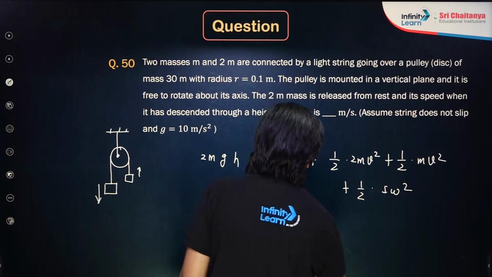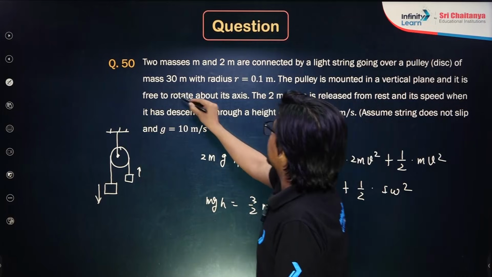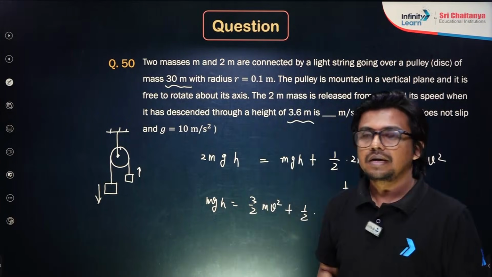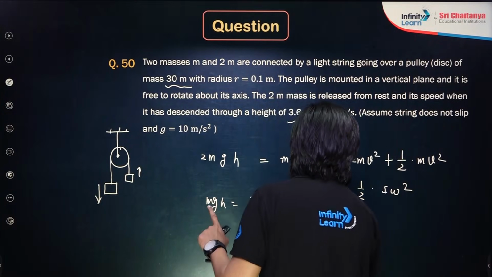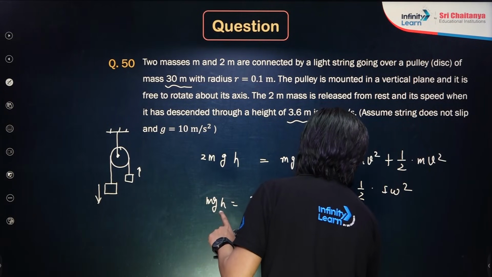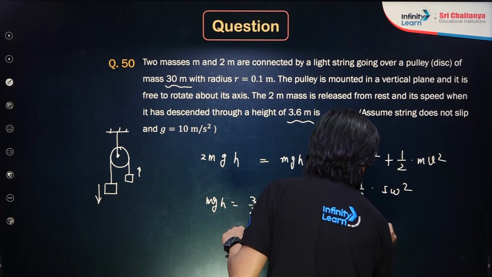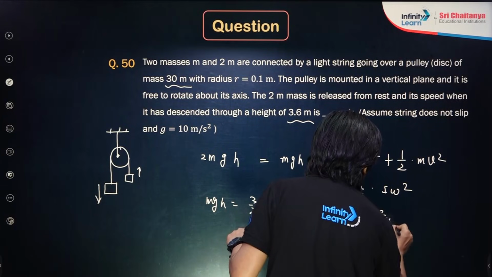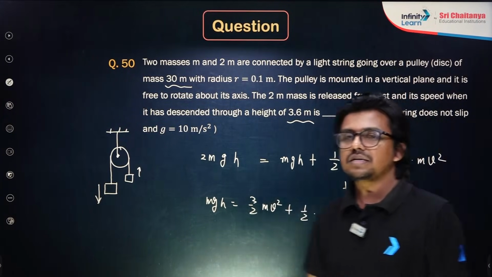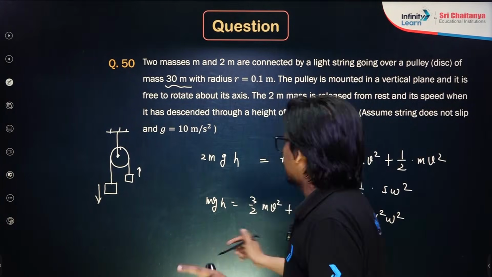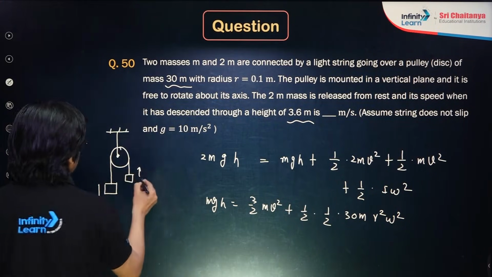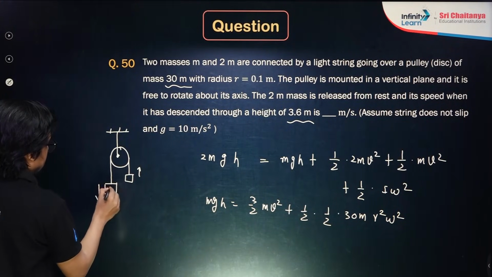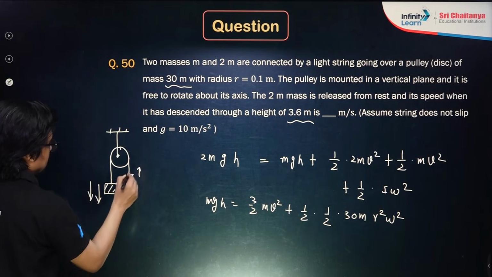Plus 1 by 2. Now this disk is having a mass of 30 m. For a disk, moment of inertia is 1 by 2 into its mass, which is 30 m, into the square of the radius, into omega square. Now there is a relation with that speed v. v is the speed with which this 2m mass is going down and the other is going up.